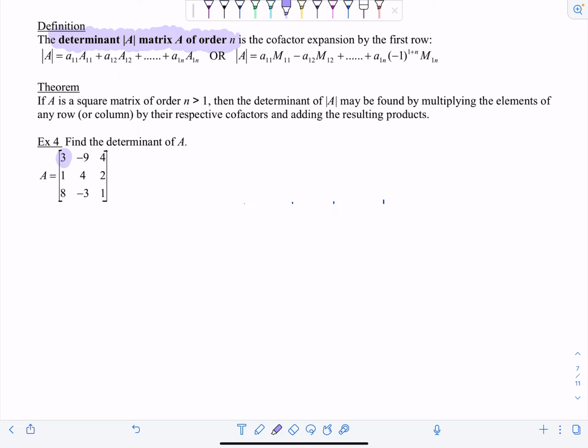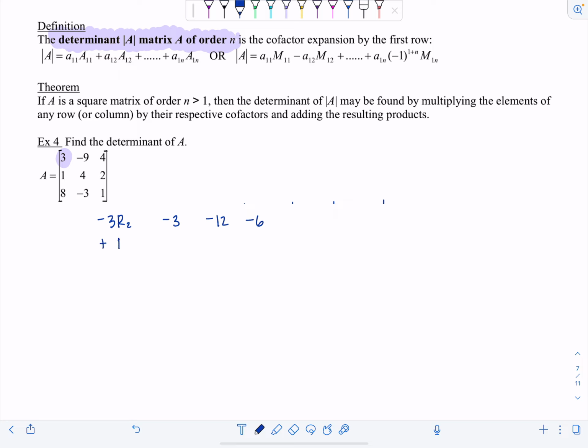Well, we have a limited set of row operations that we're allowed to perform with matrices. And one of them is you can multiply any row or column by some constant and then add it to another row or column. So what I'm going to do is take row 2 and multiply by -3. So -3 times row 2 is going to give me -3, -12, -6, right?